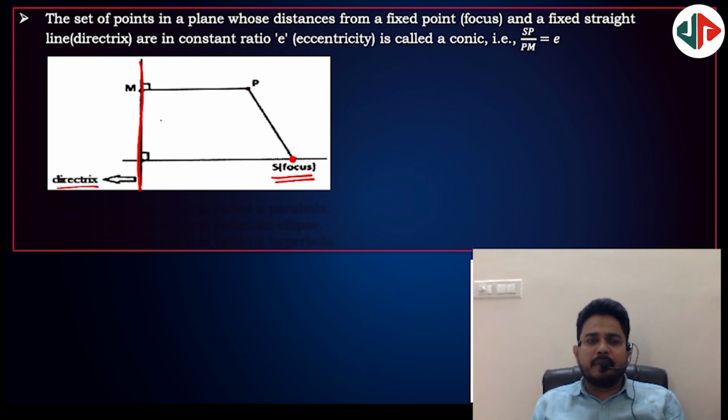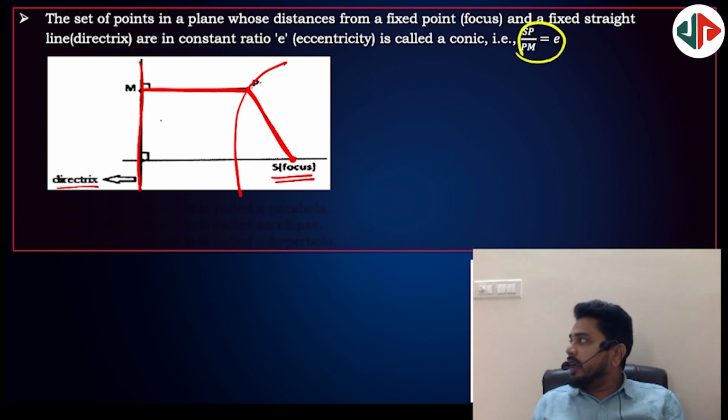And a variable point P is moving such that the ratio of the distance of the point from the fixed point to the fixed line, SP by PM, is constant. Then the locus is called the conic.